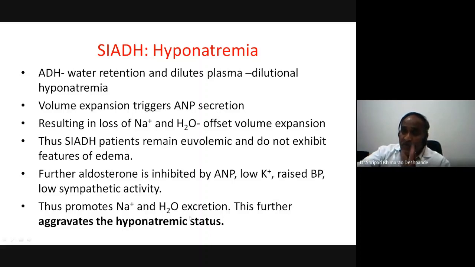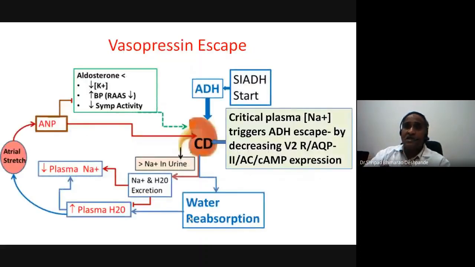Now look at these points in this cartoon, which I have made. So we can start with this cartoon. Now the SIADH is the big start point, wherein we have a large amount of ADH coming from any of the sources, either endogenous or exogenous, or idiopathic causes, whatever may be the cause. The ADH is there.